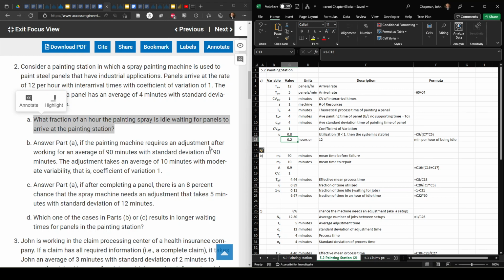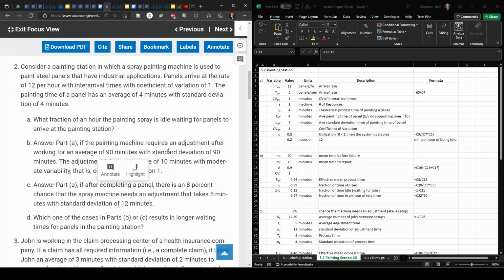Question B. If the machine requires an adjustment after working for 90 minutes, with a standard deviation of 90 minutes, and the adjustment takes an average of 10 minutes, with a coefficient of variation of 1, does that change the idle time?